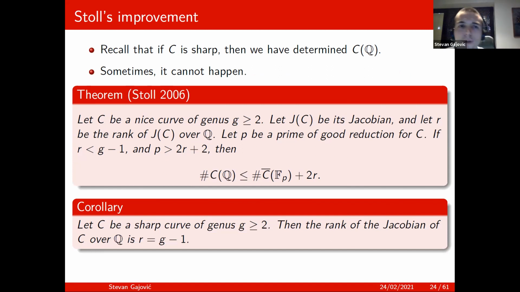So then we recall that if C is sharp, then it means that we know its set of rational points. And sometimes the curve cannot be sharp.